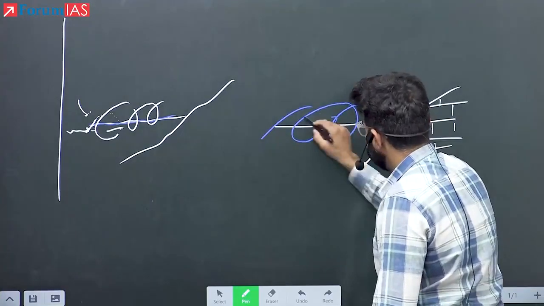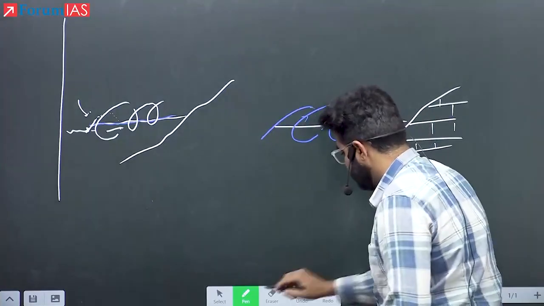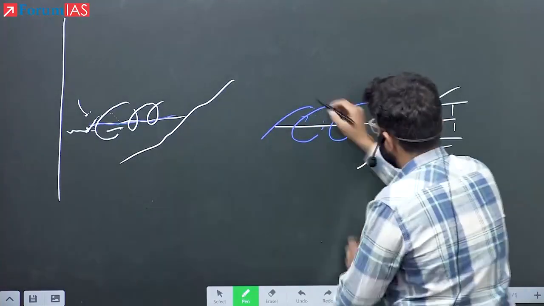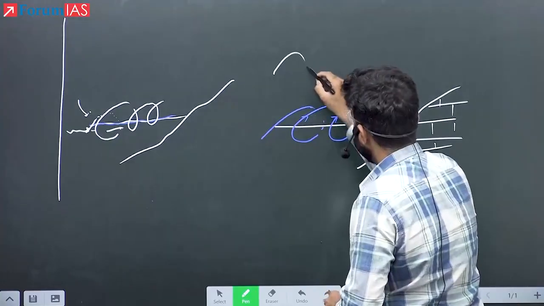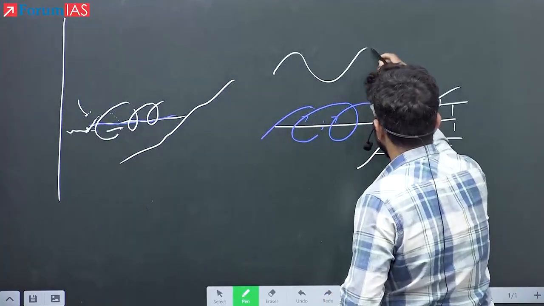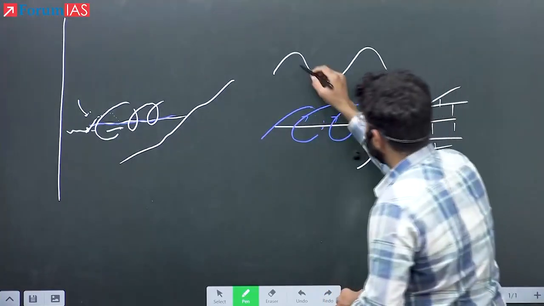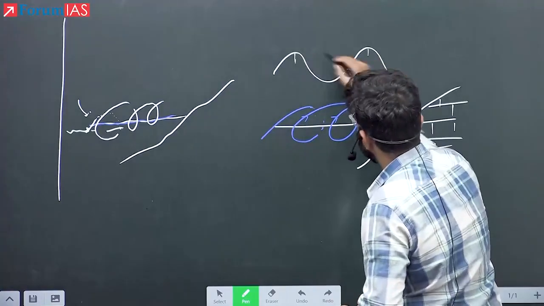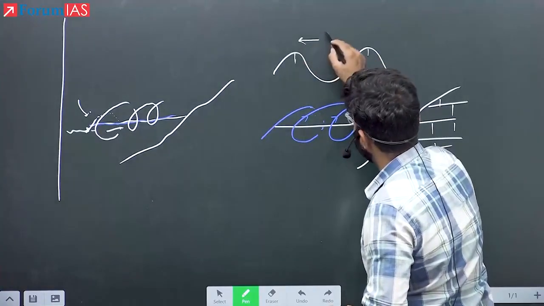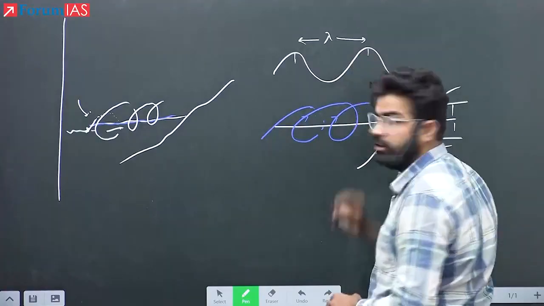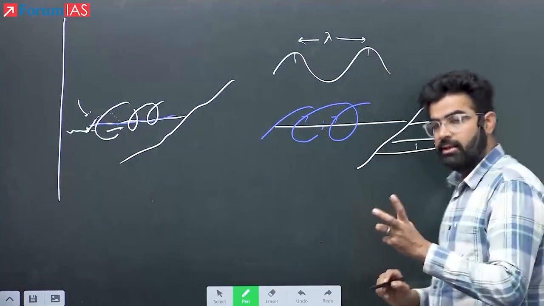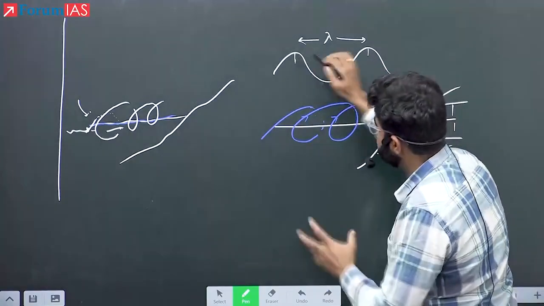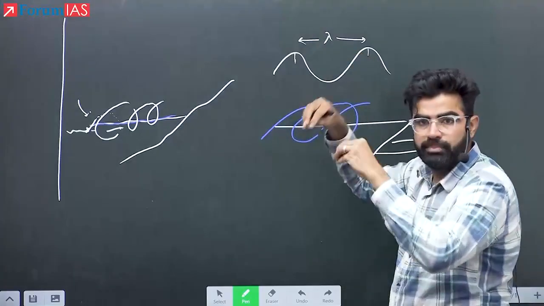So these are the waves which are created. Between these waves, one is high, then again low, then again high, in this way. These are known as the crest or the peaks of the wave. And the length in between is known as wavelength, that is lambda, right?